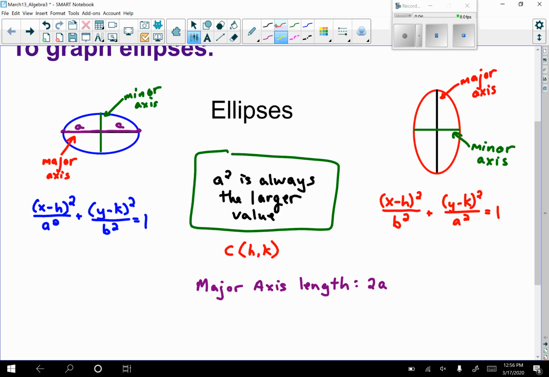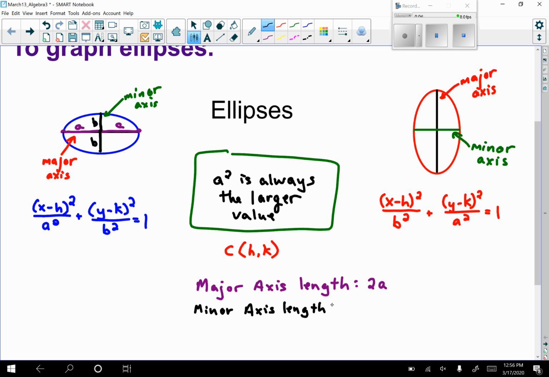And the length of the minor axis, going along the minor axis, again going back to the blue ellipse here, from the center up, the shorter part, again it acts just like a radius, but it's a different length. This is going to be b, and then down from the center to the edge of the ellipse over here is going to be b.